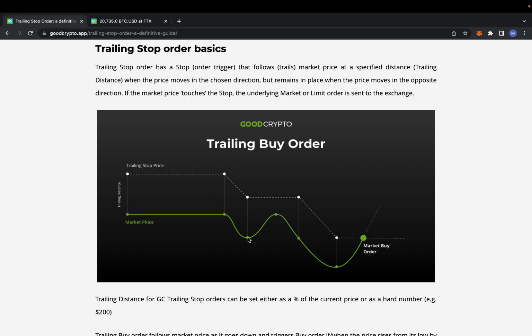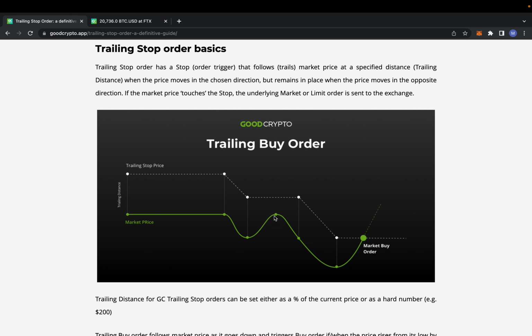However, once the market price moves against you, or not in your favor, but in the opposite direction, so you see here the market price started to rise, the trigger doesn't move, it stays in place, right?